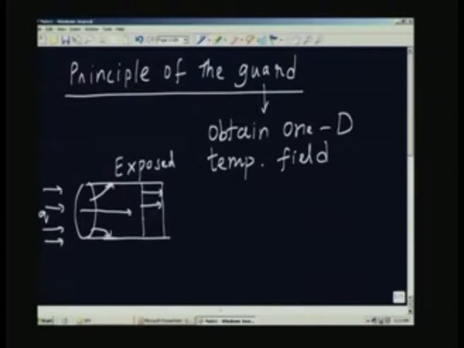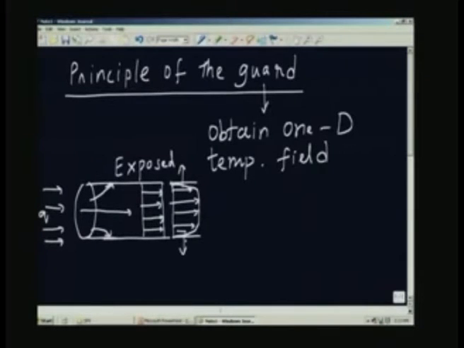I want to have a uniform temperature profile, but what you will get if there is heat loss in the lateral direction is something like this. So, some temperature variation like this I will get. That means there is heat loss from the two sides.